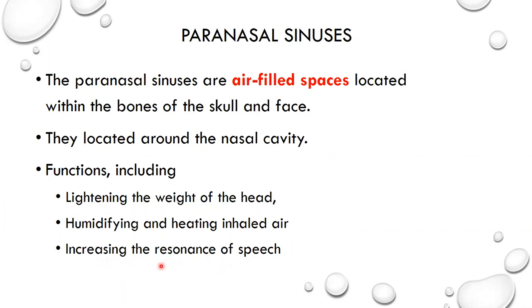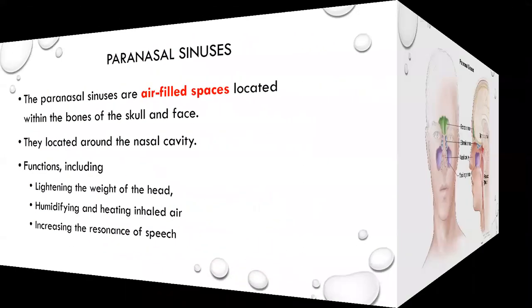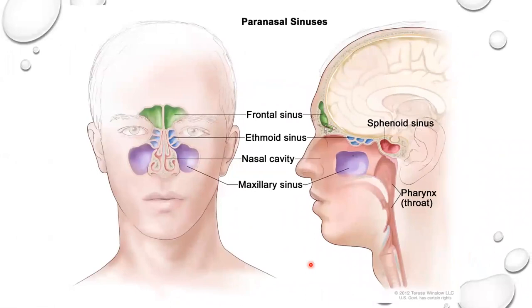They will increase the resonance of speech. So that's why when you are having flu or sinusitis, you will have changes in your speech resonance. There are four paranasal sinuses: the frontal sinus, the ethmoid sinus, the maxillary sinus, and the sphenoid sinus.